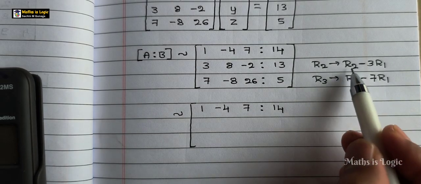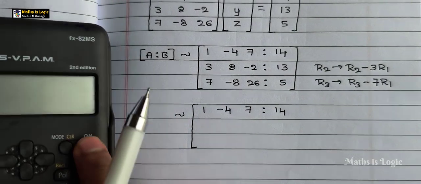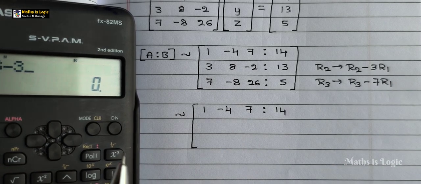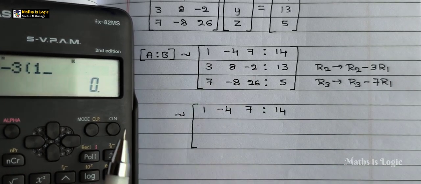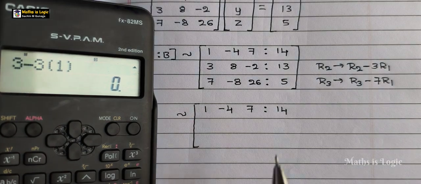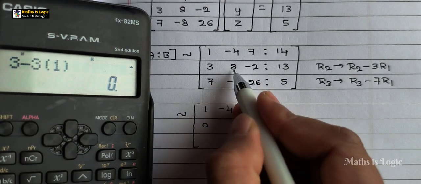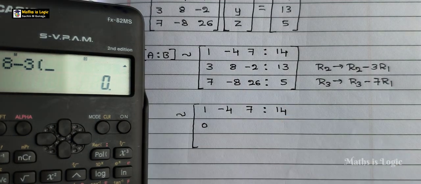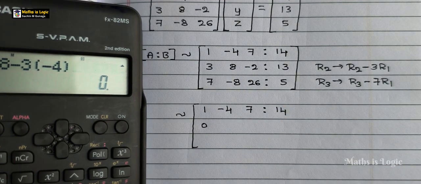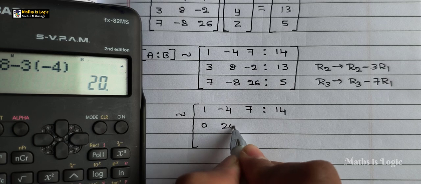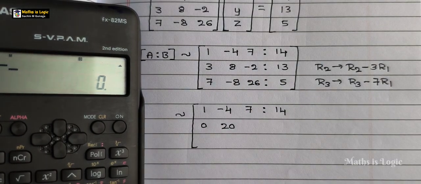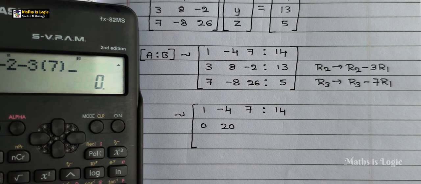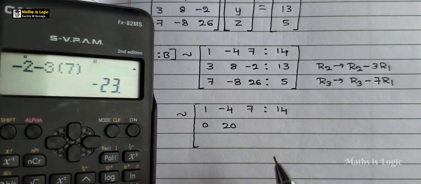Now R2 is 3, so it is 3 minus 3 times of R1 is 1, so directly 0. Next R2 8 minus 3 times of minus 4, 20. Next minus 2 minus 3 times of 7, minus 23.